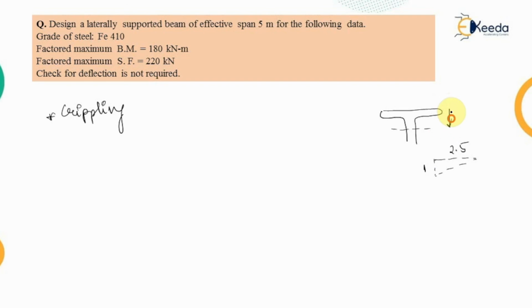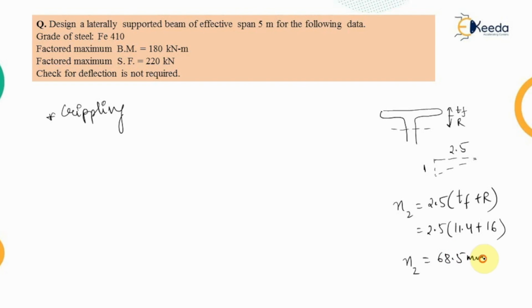So the width that will be distributed here will be TF and R. That means the N2 value will be equal to 2.5 times TF plus R. Now here this 2.5 into TF is 11.4, while this root radius is 16 millimeters. So from here the N2 value that we are getting comes out to be 68.5 millimeter.